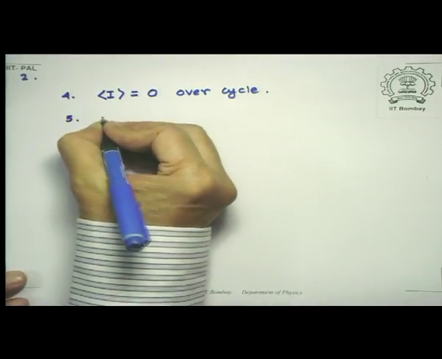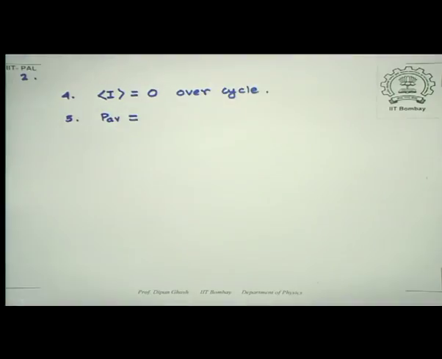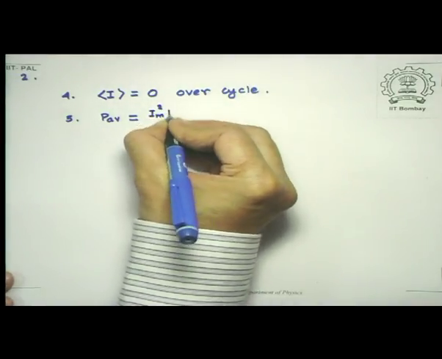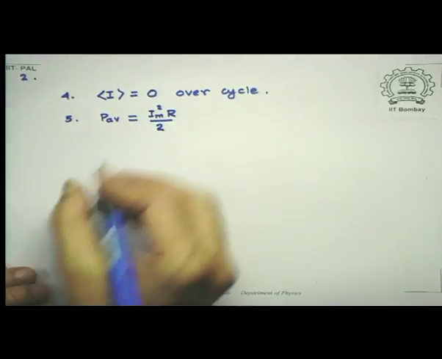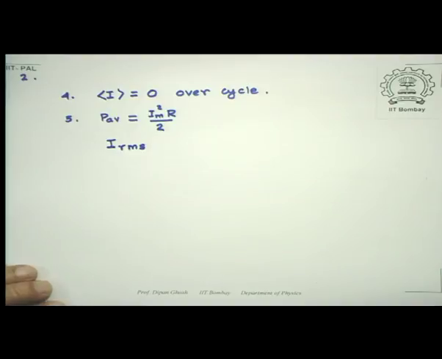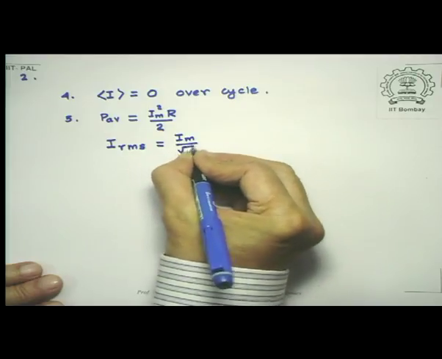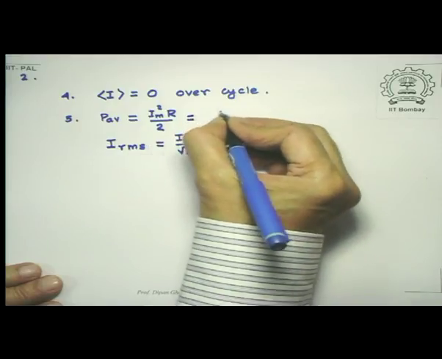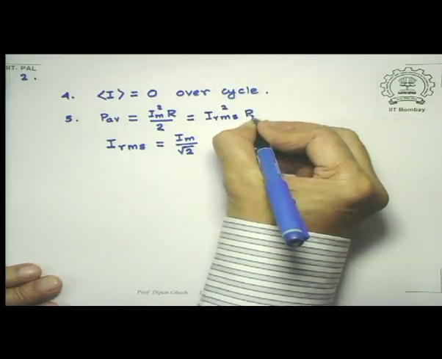For a purely resistive circuit, what we found is P average is given by Im square R divided by 2, which led us to define something known as RMS current, root mean square current, defined as the maximum current divided by square root of 2. If you do that, the expression for P average works out to be identical to the expression that we had in case of DC circuits.